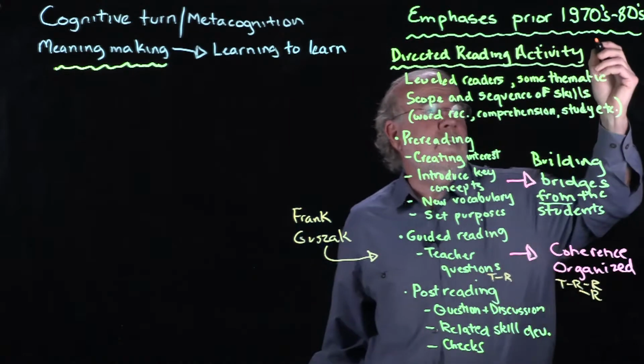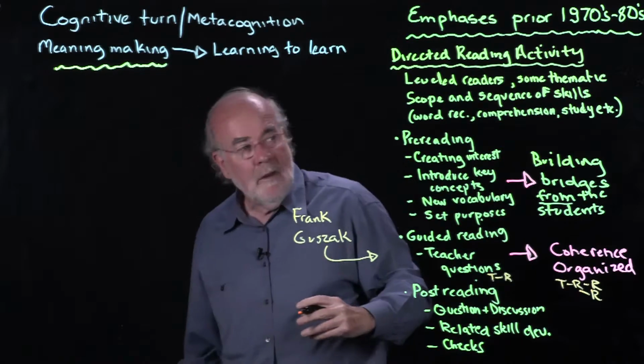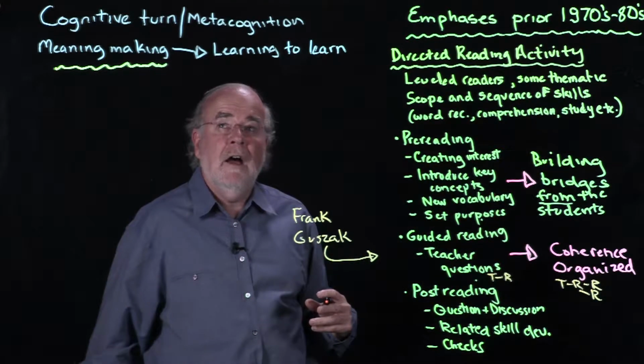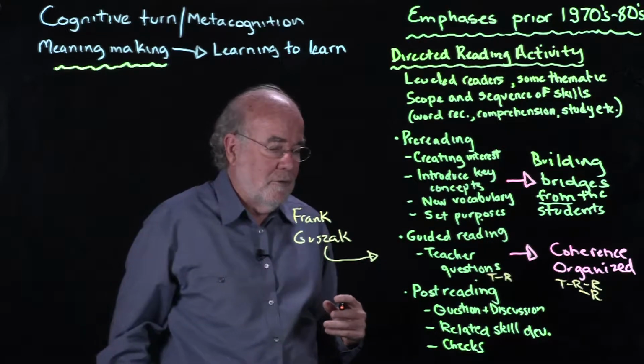So that was another thing that began to happen as we shifted away from the 70s, 80s to this emphasis on bringing to bear this work from the meaning-making research and the metacognition research.